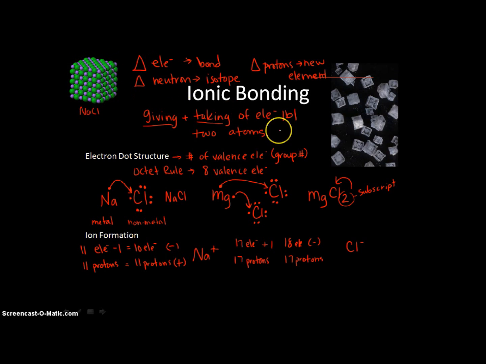This is why we get these blocks of salt. Whatever the structure of an ionic compound is at its smallest molecular level, which we'll talk about when we talk about properties, is what it will mimic in its crystalline state, which these ionic bonds most of the time make some kind of crystal.